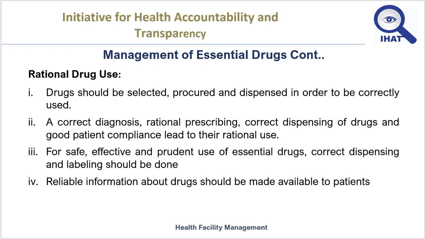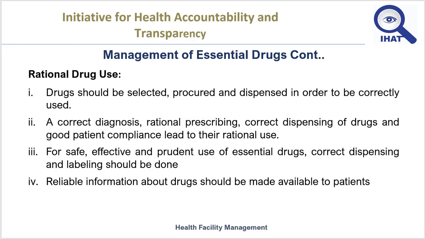Now, looking at rational drug use, this is a term that is common. Drugs should be selected, procured, and dispensed in order to be correctly used. A correct diagnosis, rational prescribing, correct dispensing of drugs, and good patient compliance lead to their rational use.